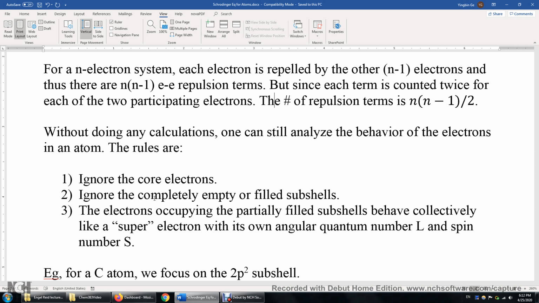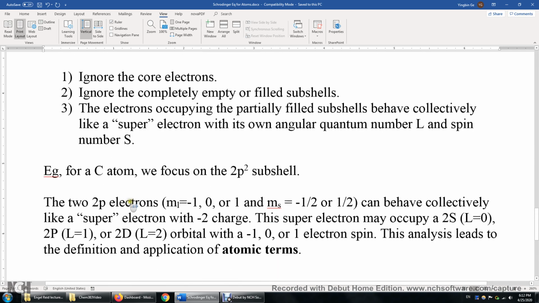If we get 2 negative halves, we get negative 1. And if we sum up positive half and negative half, we get 0. So it's possible for the sum of the Z component to be negative 1, 0, and 1. Again, we're talking about the collective behavior of multiple electrons now.